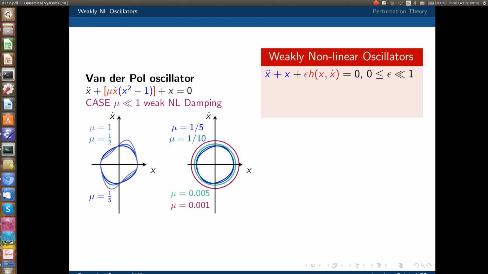The main thing we assume to make the analysis possible is that epsilon is small, because if epsilon is small, then you can do a series expansion and go on. The linear oscillator is the blue part, and the damping part, h, is assumed to be an arbitrary smooth function.